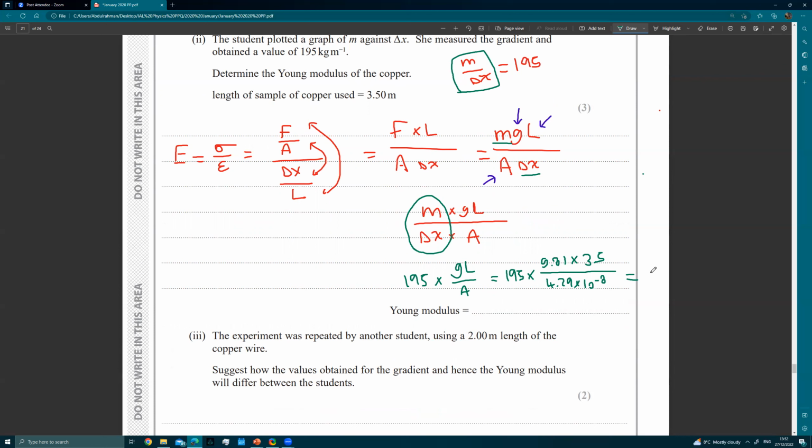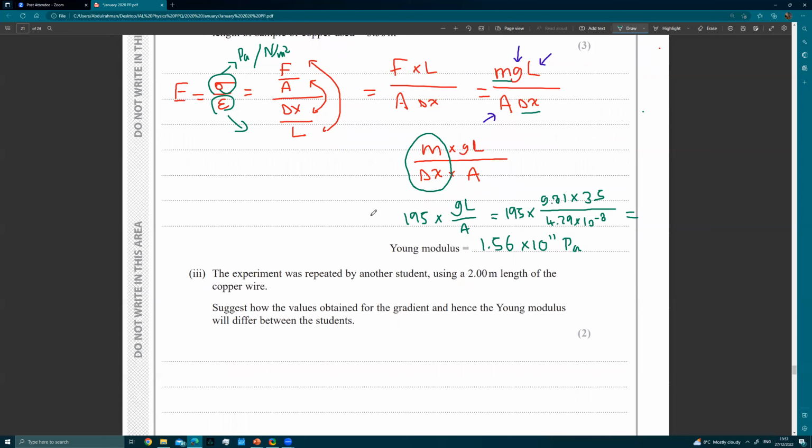And I get 1.56 times 10 to the 11. And the unit for Young's modulus is the pascal, right? Because the unit of stress is pascals or newtons per meter squared. And strain doesn't have a unit, so you're just doing pascals divided by no unit, which is just pascals, or newtons per meter squared.